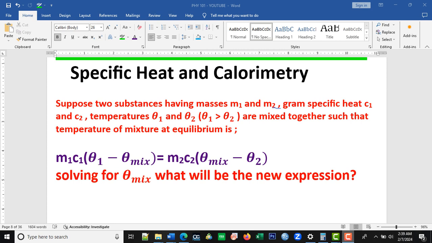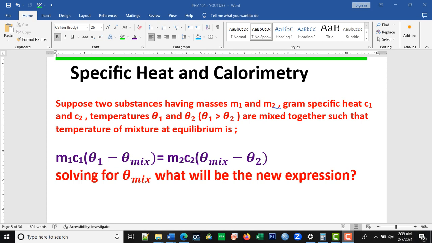And of course, we have the expression for heat loss equals heat gain. So here we have M1C1(θ1 minus θ mixture) equals M2C2(θ mixture minus θ2).